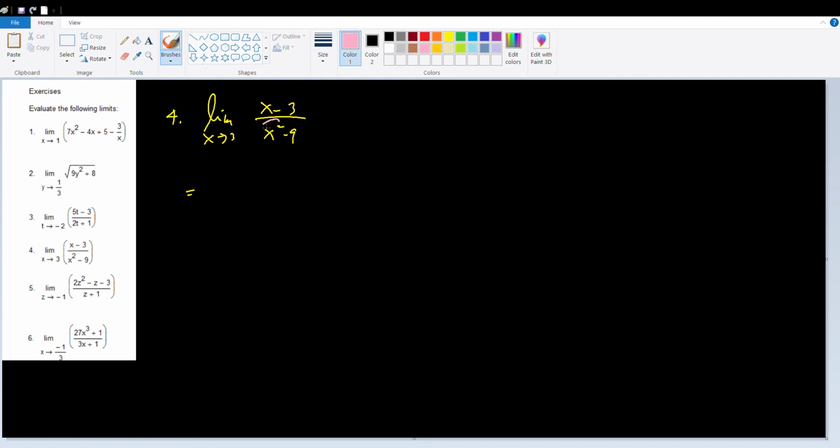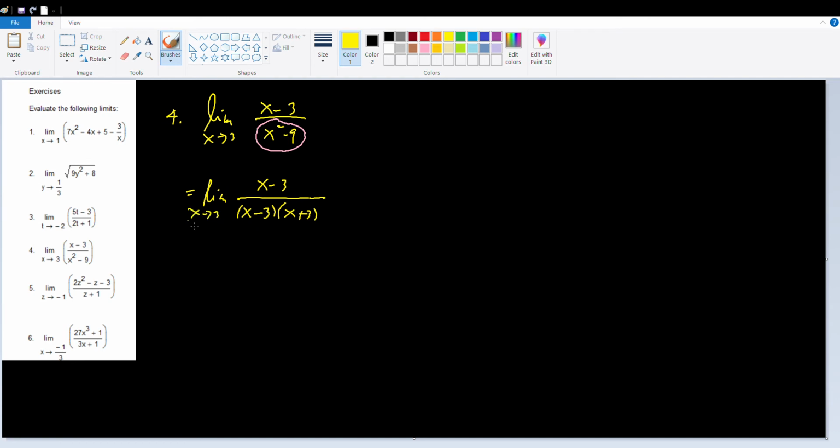Notice that the denominator is factorable, because it's the difference of two squares. We know that it is factorable into the sum and difference of their square roots, or it is equal to the product of x minus 3 and x plus 3.